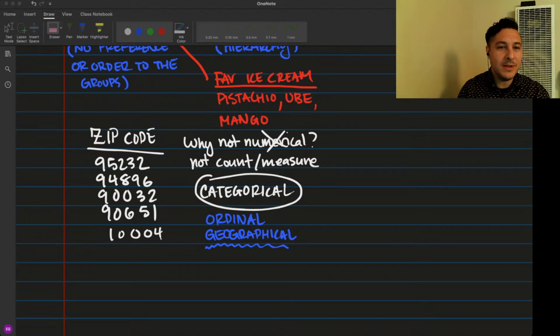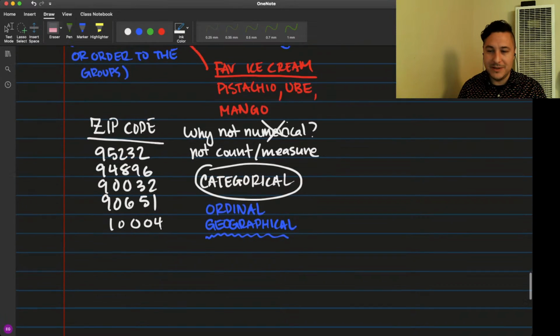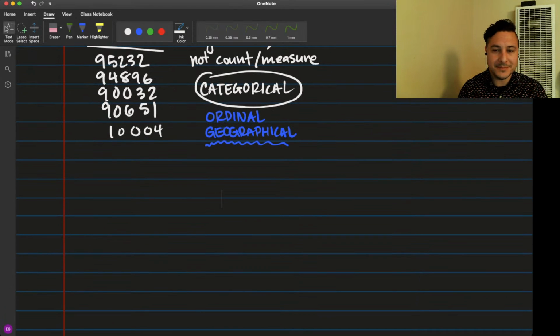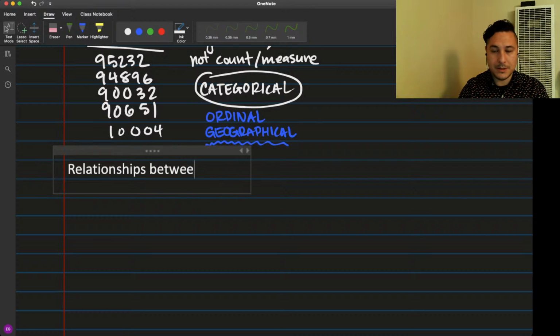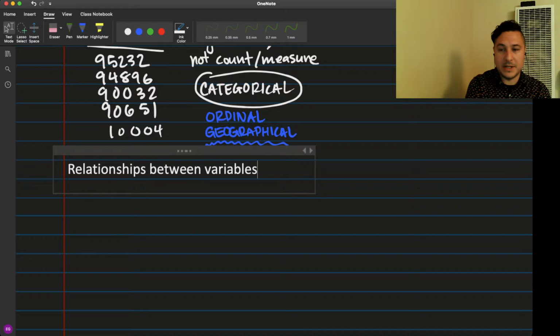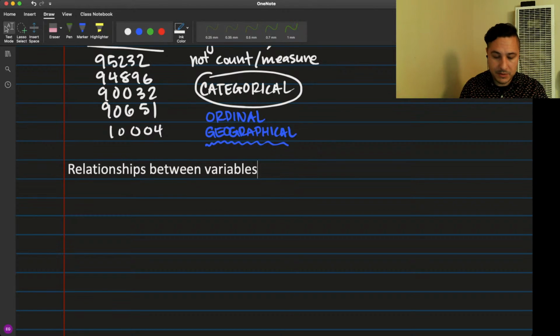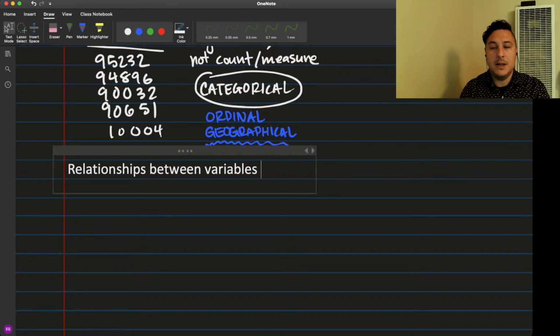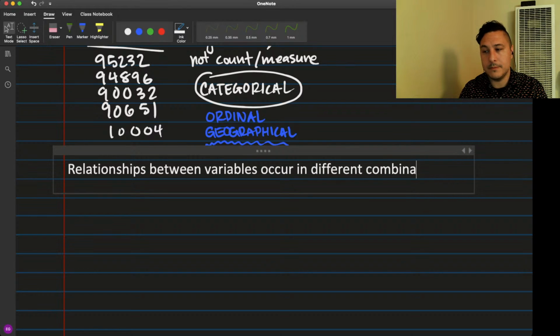Okay, so let's go forward. Today we're going to talk about relationships between variables. We're going to end up talking about this a lot this semester, because the relationships that are possible between variables occur in different combinations.